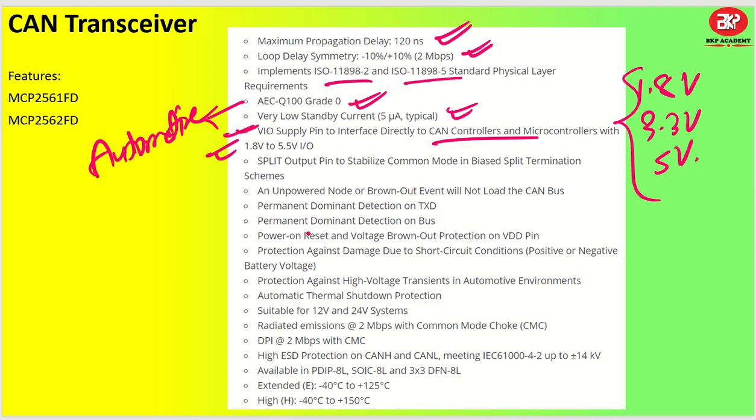It has a split output pin to stabilize common mode in a biased split transmit termination scheme. There is permanent dominant detection on the TXD pin, and dominant detection on the bus is there. We have voltage brown-out protection on the VDD pin, and protection against high voltage transients in the automotive environment. In an automotive environment, you will see a lot of transients coming up, and in that case it has very good protection against those high voltage transients.